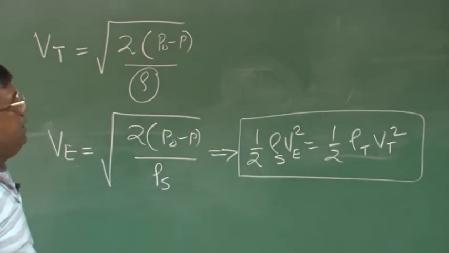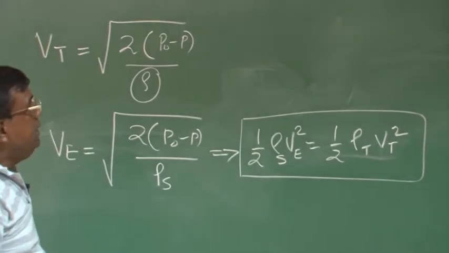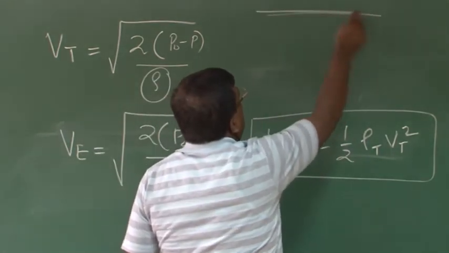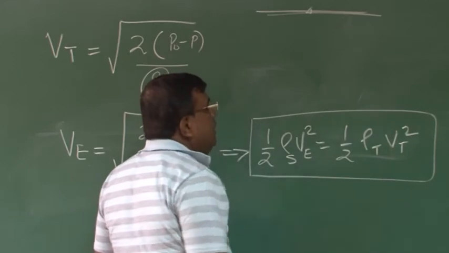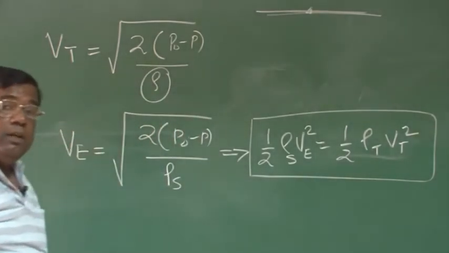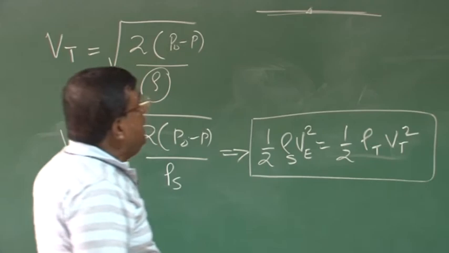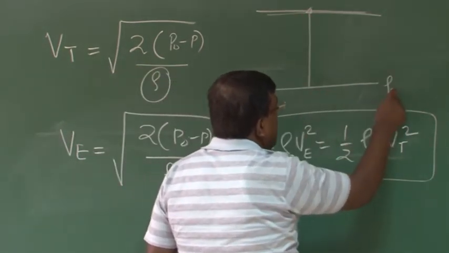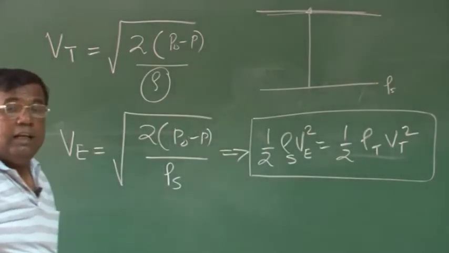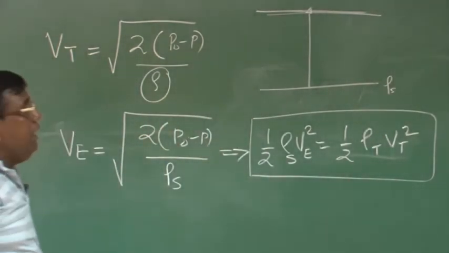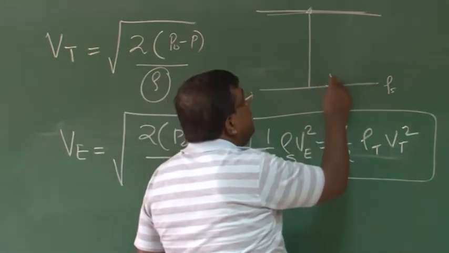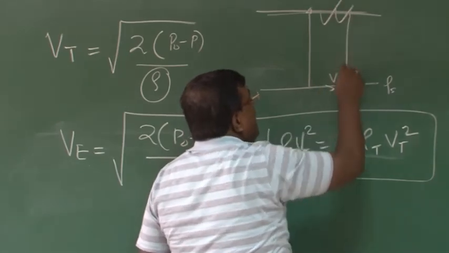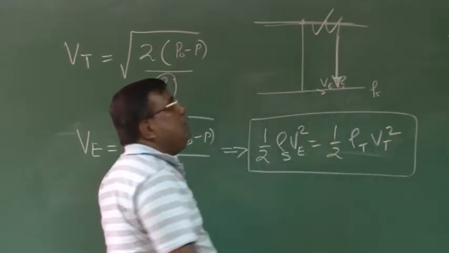What is the meaning of this? Meaning thereby is that if I am flying at some pressure altitude, and I am noting down what is the true dynamic pressure there. And I am now trying to fly at rho s, standard atmosphere density at sea level, and try to see at what speed I should fly, so that the true dynamic pressure at this altitude is duplicated.